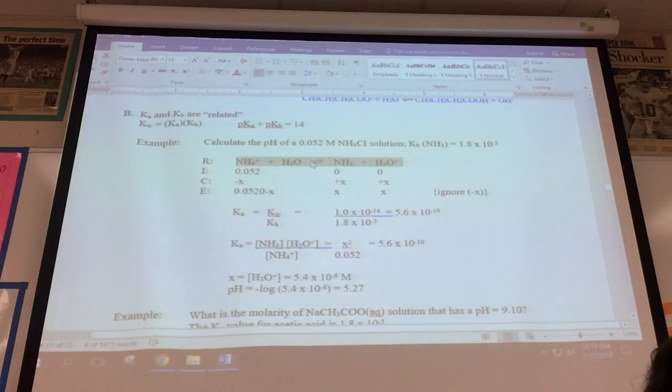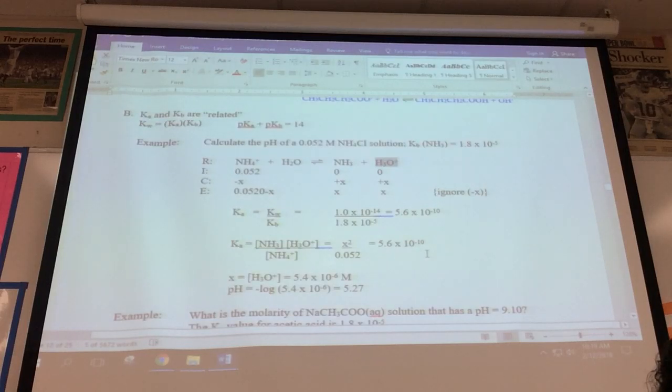So here's your reaction. You're starting with a 0.052 molar ammonium ion. They gave you Kb. Why must you get Ka? What do you generate in that reaction? Hydronium ion.